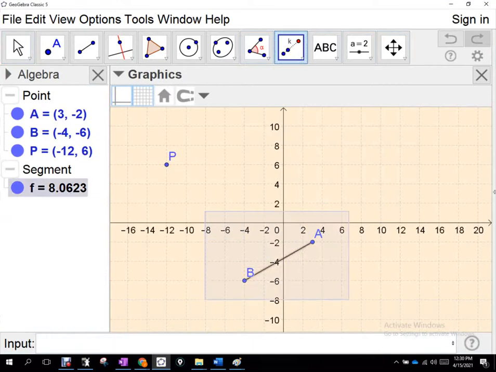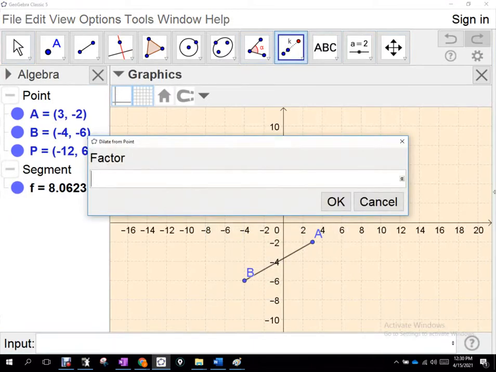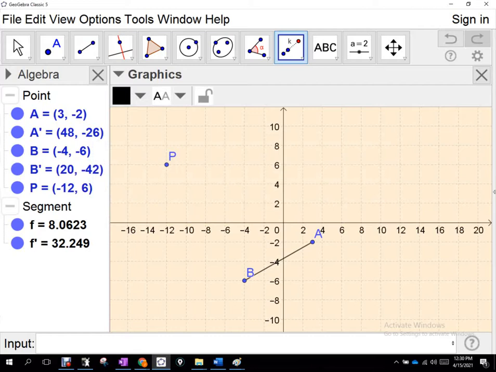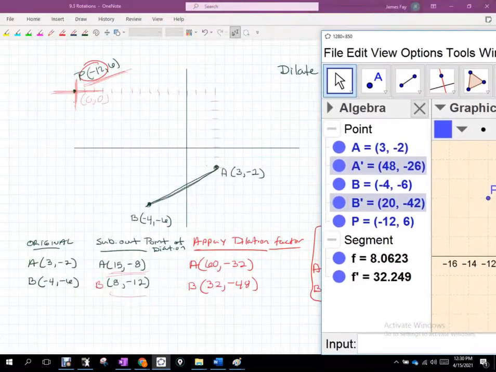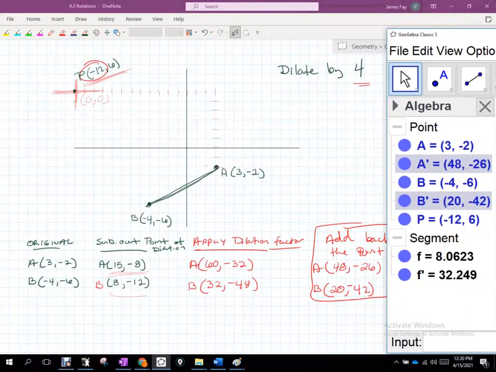So we'll dilate that from point P by a scale factor of 4. And we should be looking at then A prime and B prime. Are those exactly the same coordinates that we came up with? 48, negative 26, and 20, negative 42. Kind of makes sense? Okay.